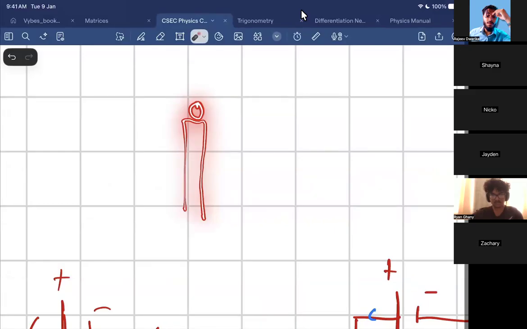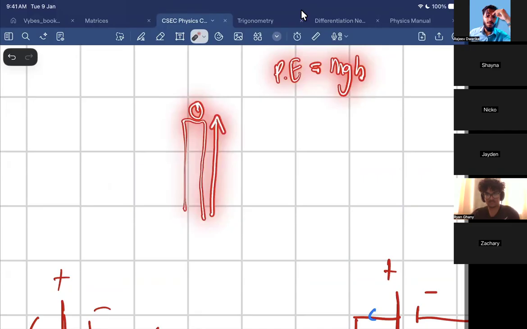Do you know the formula for potential energy? Mass by gravity by height. So as the height increases, what happens to the potential energy? It increases.